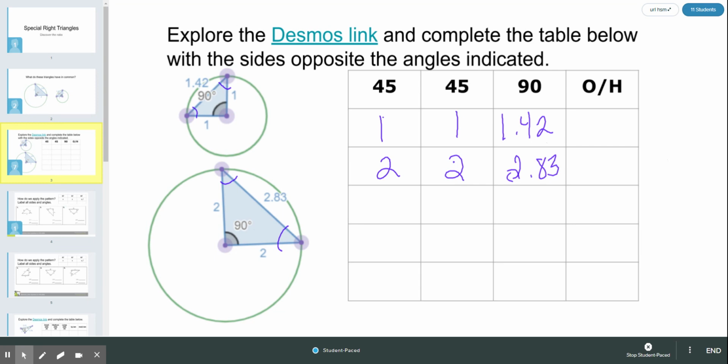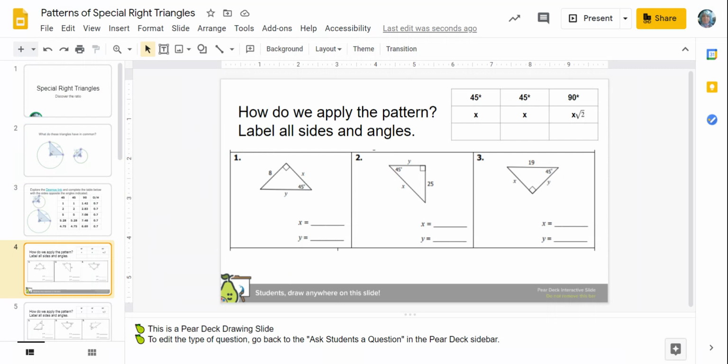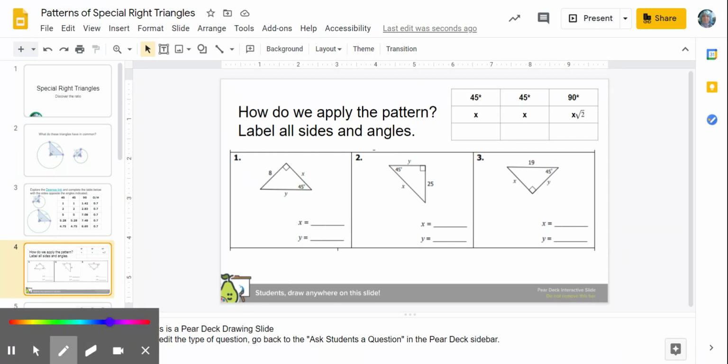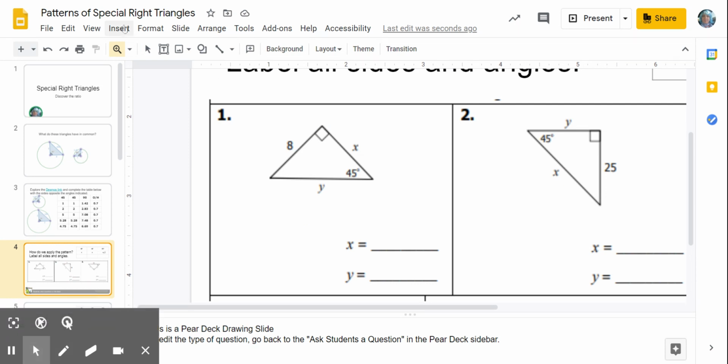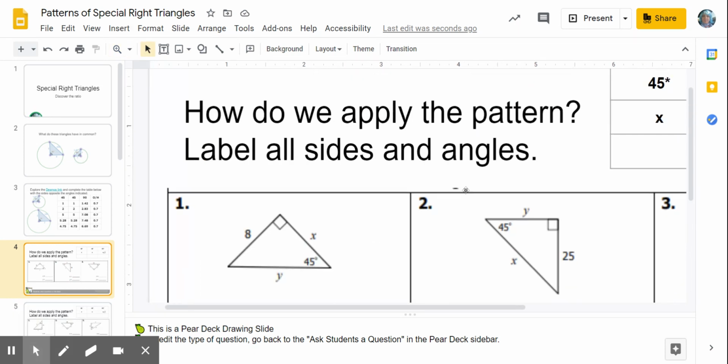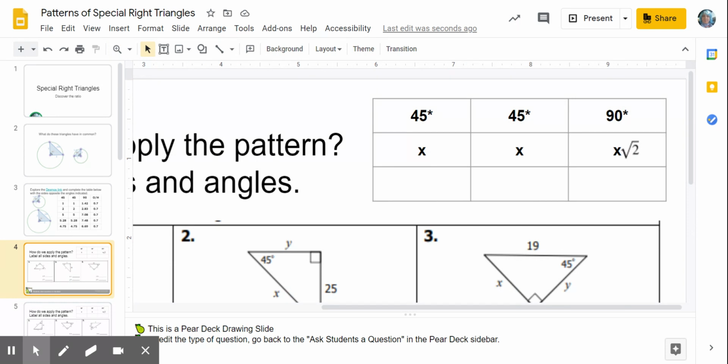So let me get my Screencastify back. And I'm going to make this a little bit bigger so it's easier to see. Over here in the corner, we've got x, x, and x times the square root of 2.